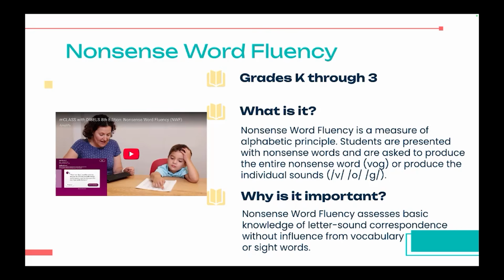Nonsense word fluency assesses basic knowledge of letter-sound correspondence without influence from vocabulary or sight word knowledge. This subtest assesses students' understanding of phonics and the ability to apply letter-sound relationships when reading. When we ask them to sound out the word, that's what they're doing on this subtest.